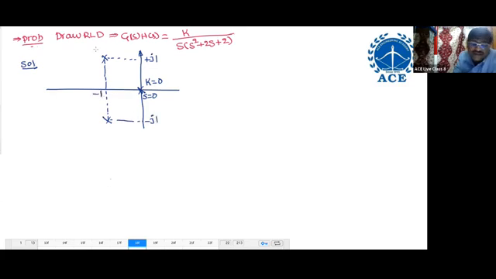Here K equals 0. Is there a root locus branch here? No, but here there exists a root locus branch.